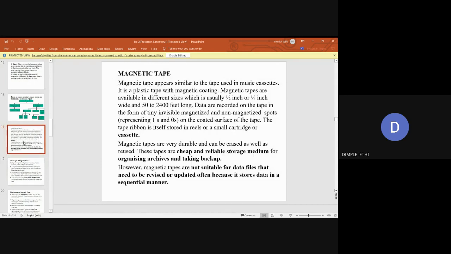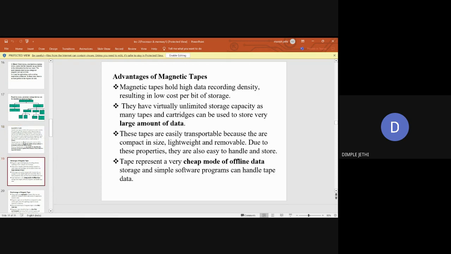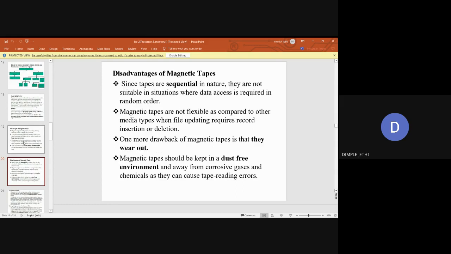Where you need to update or revise your data, or read your data again and again, you cannot use magnetic tape, because it can be accessed only sequentially. But yes, this was a cheap mode of offline data storage. It can store a large amount of data, it was cheap, lightweight, and compact in size. But again, it can be used only when you have to access your data sequentially, one after another.